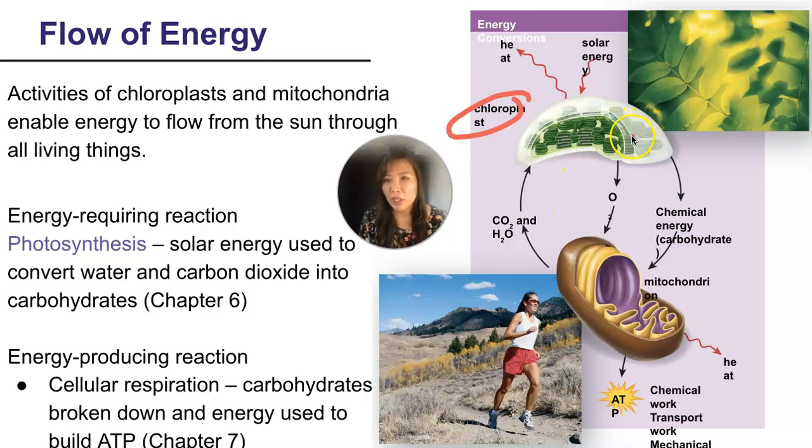So the chloroplast can do the photosynthesis section of this energy flow, but once it has the starch, we can actually transfer energy over to the mitochondria.